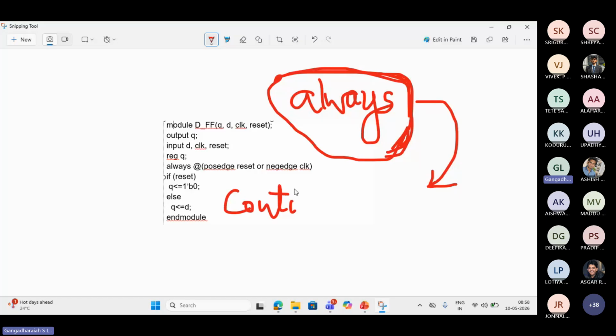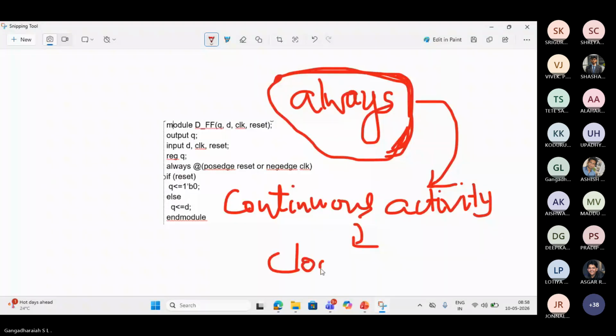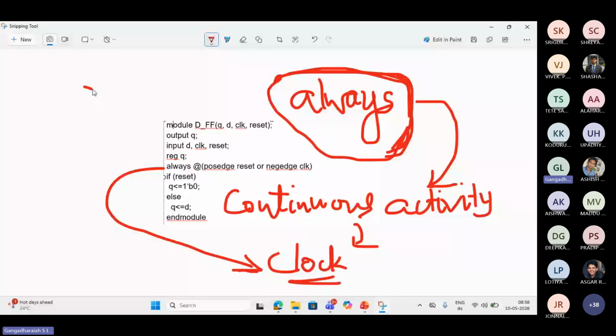What is this continuous activity? The activity will be continuous as long as clock is applied, as long as clock is available. So without always, you cannot even think of clock. If you really want to use clock in Verilog, you should always go for always.